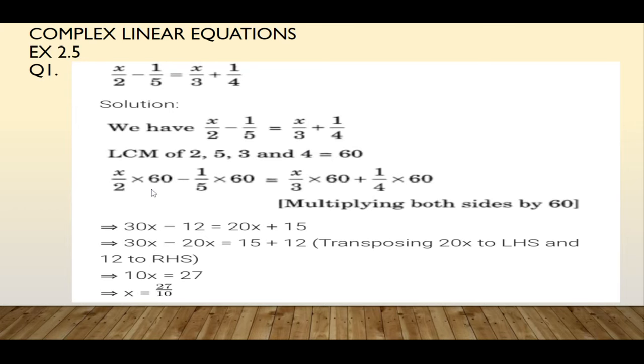So x by 2 into 60, similarly minus 1 by 5 into 60 is equal to x by 3 into 60 plus 1 by 4 into 60. All the denominators will get cancelled, so you'll get a simple equation which you can easily solve by the transposition method.